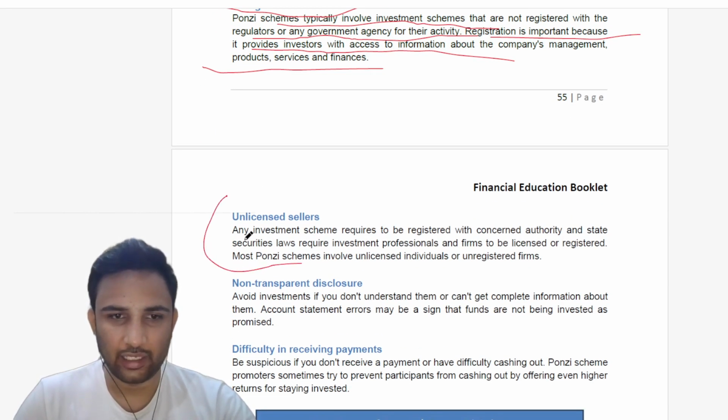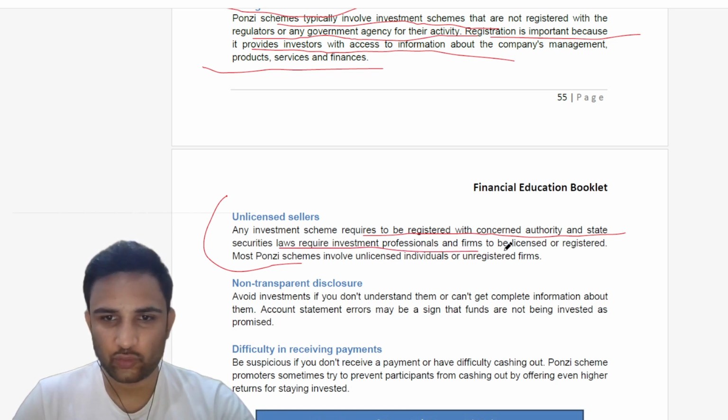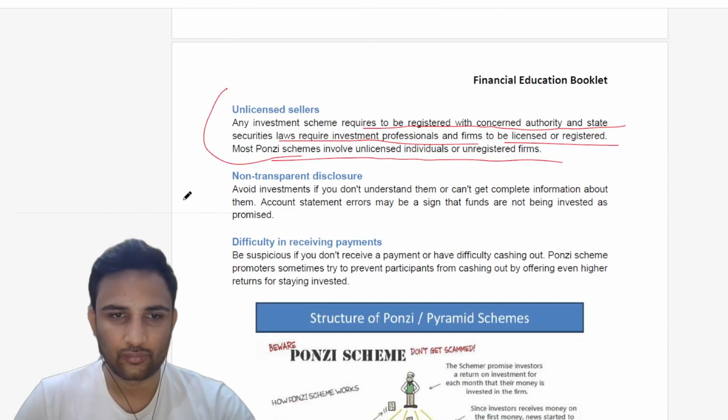Unlicensed sales. Any investment scheme requires registration with the concerned authority, and state securities laws require investment professionals and firms to be licensed or registered. Most Ponzi schemes involve unlicensed individuals or unregistered firms.